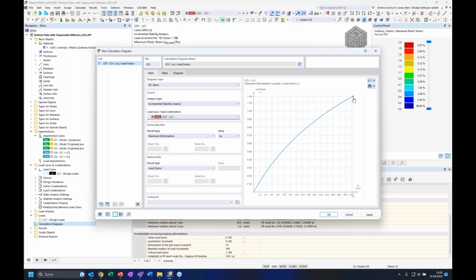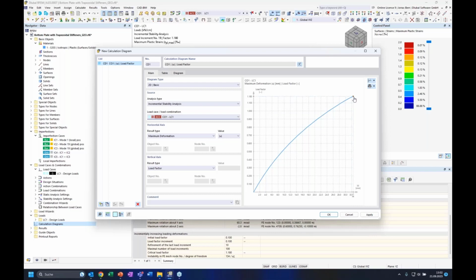For this we would need a special solver like the arc length method that could cope with that, or we would need to set the GMNIA up in a way that we increase the deformation, and then we would allow for decreasing load factors also. So that would be possibilities to also get the descending branch of the load deformation curve. But that also comes with other problems.